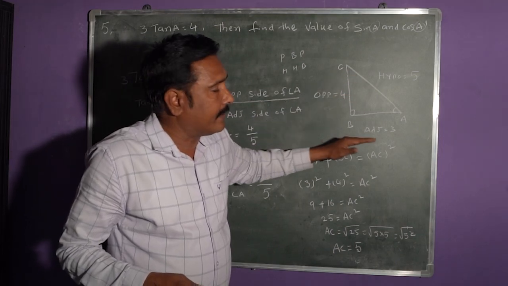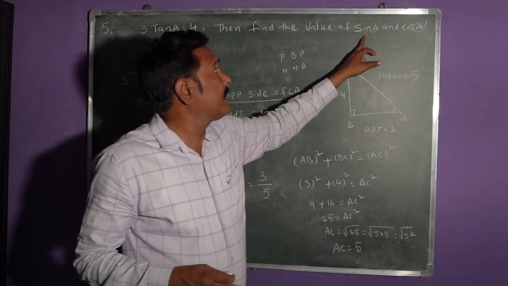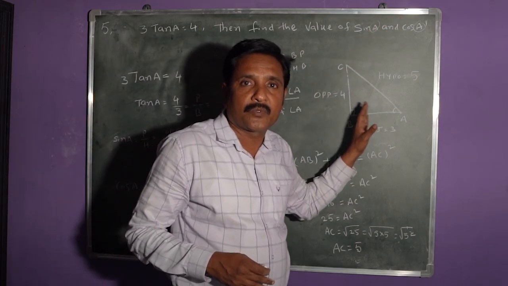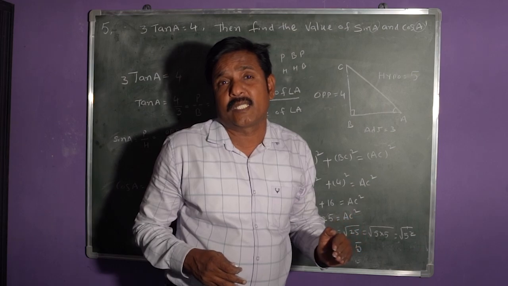Okay, then the question is given sin A cos A కాబట్టి మనం ఇక్కడ యాంగిల్ ఏ నుంచి మాత్రమే చూస్తున్నాం. ఇచ్చినటువంటి దాన్ని బట్టి మాత్రమే మనం చూడాలి.